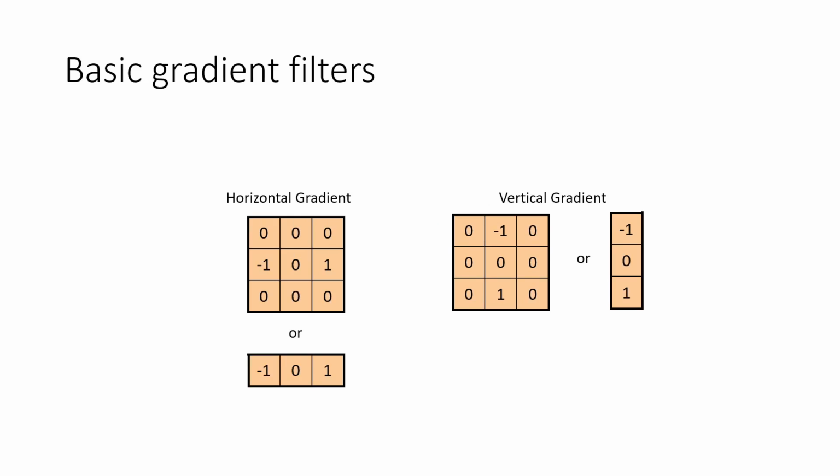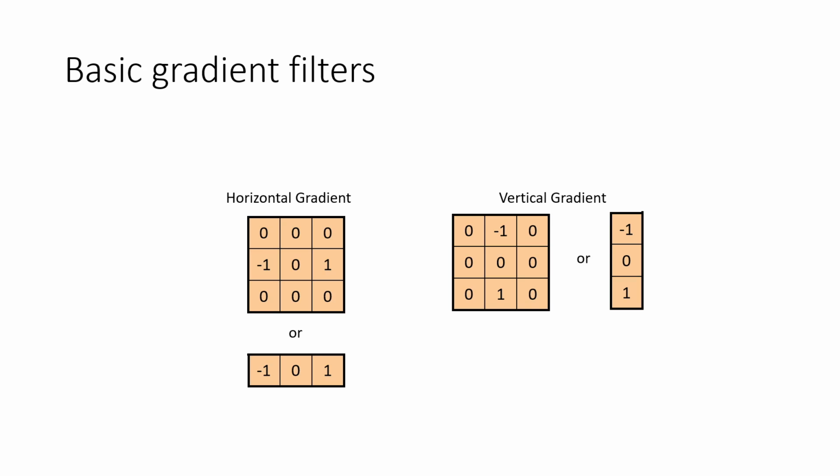Alright, so if we want to find a gradient, there are gradient filters. This is a horizontal gradient filter, and this is a vertical gradient filter. You can see the gradient filters are very similar to the Sobel filters.